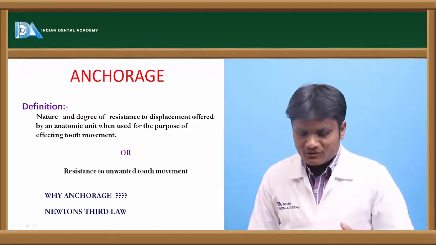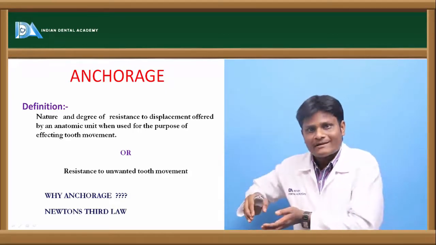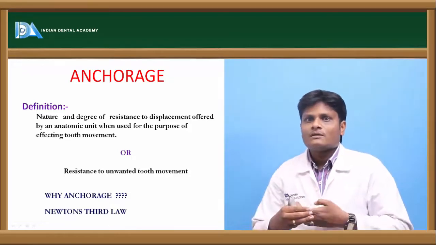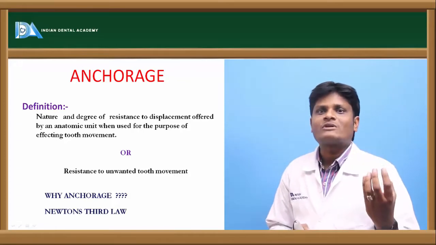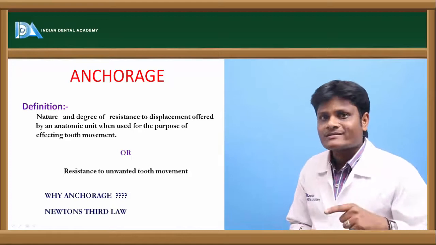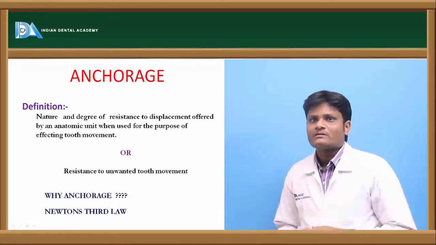Every action has an equal and opposite reaction. So when we are trying to move a tooth or a group of teeth by taking support from some other components, the forces will not only act on the tooth or group of teeth that are moving, but the forces are also exerted on the supporting structures or the anchorage unit.